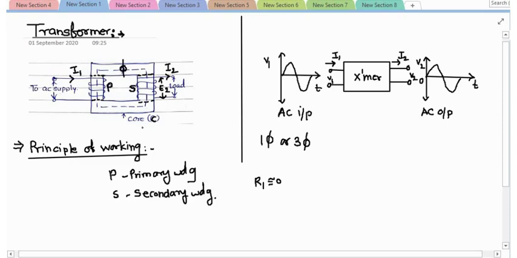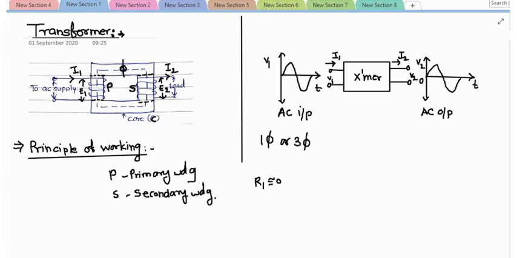With the AC supply, friends, it is the EMF of self-induction in the primary circuit which limits the current, because according to Lenz's law, this EMF of self-induction in the primary opposes the applied voltage. So the resultant voltage in the primary circuit is less, and therefore the current drawn at the starting is less. It will not damage the transformer.